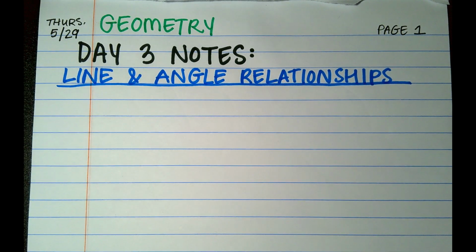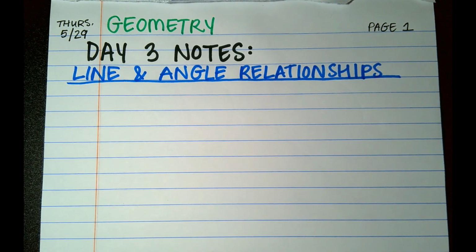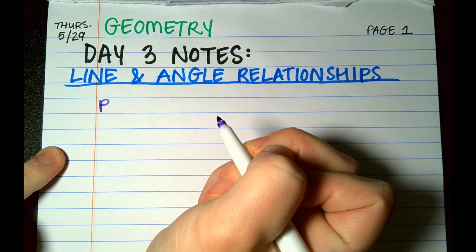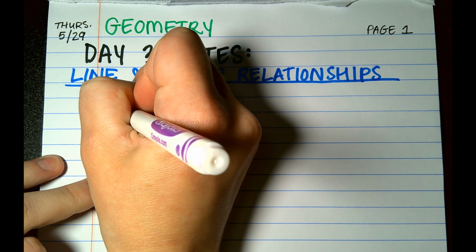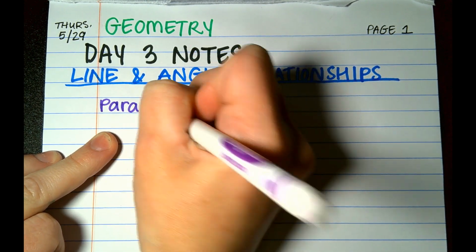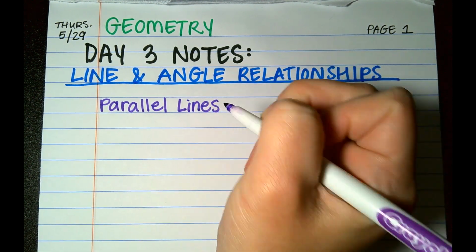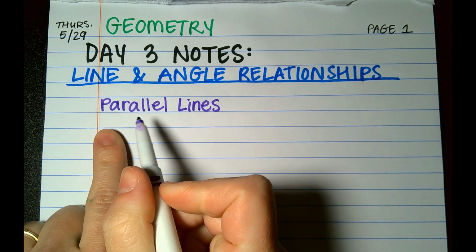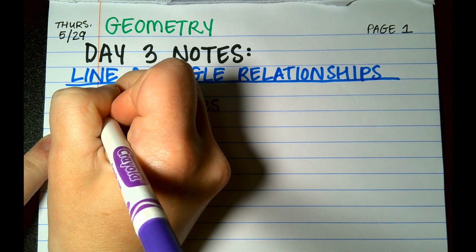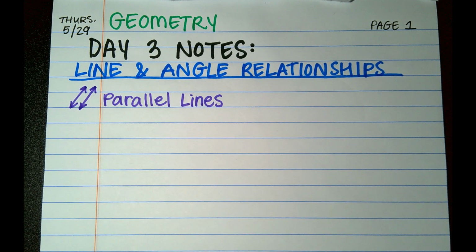So we are first going to talk about parallel lines. And the symbol we use to show that lines are parallel looks like this: two lines beside each other like that.